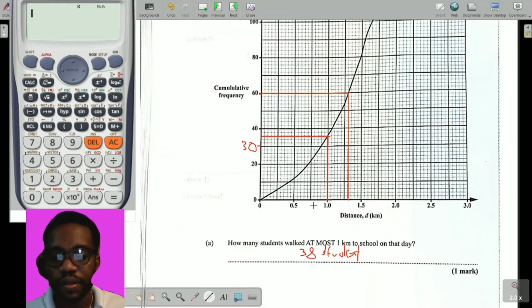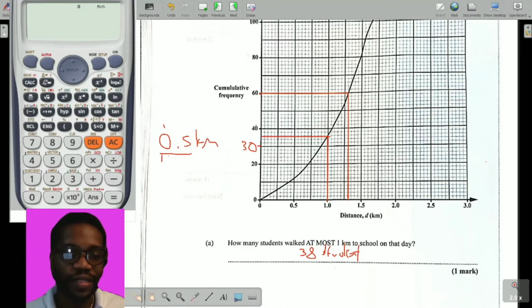Now, the x-axis can be a bit tricky. Notice from 1 to 1.5, you have 0.5 kilometers. So that's 0.5 kilometers you have between these 2 points here. But you also have... So each little line represents 0.05.